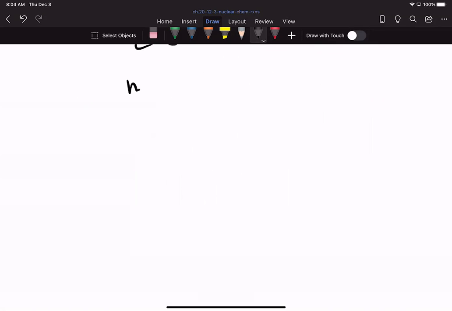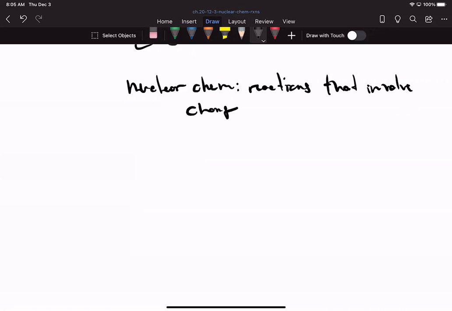But nuclear chemistry involves reactions that involve changes to nuclear structure, right?